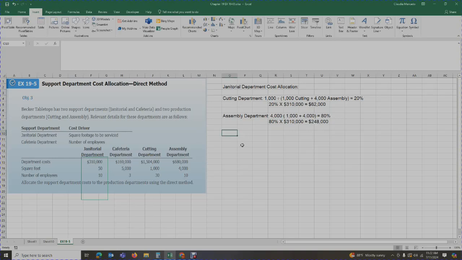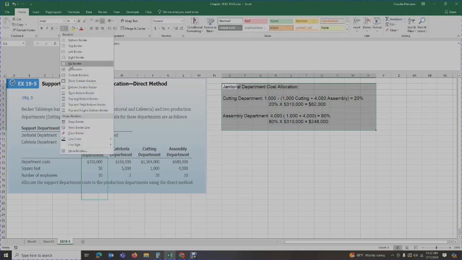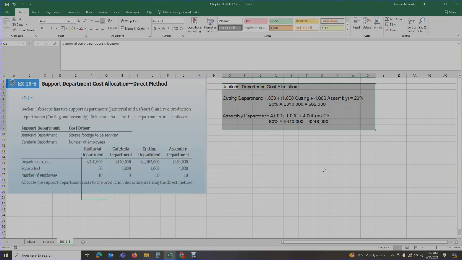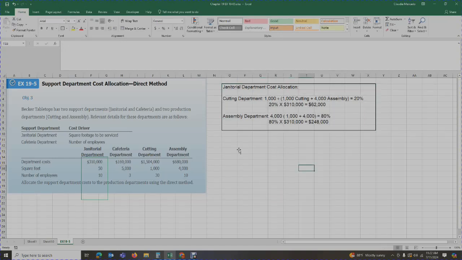So when we are allocating the cost for the janitorial services, those costs are going to be allocated to the cutting and assembly departments only, because those are my production departments, and we are allocating it based on square footage. The cutting department has 1,000 square feet. That is equivalent to 20% of the total square footage.